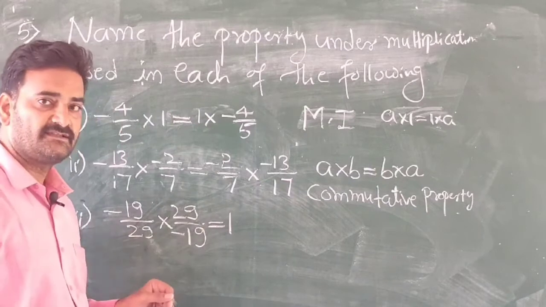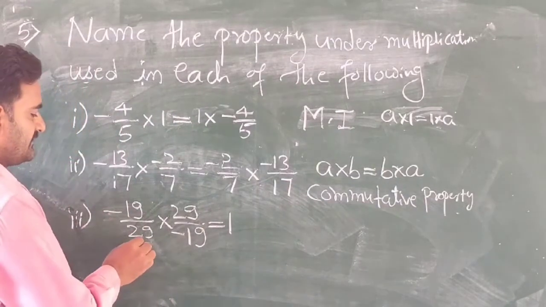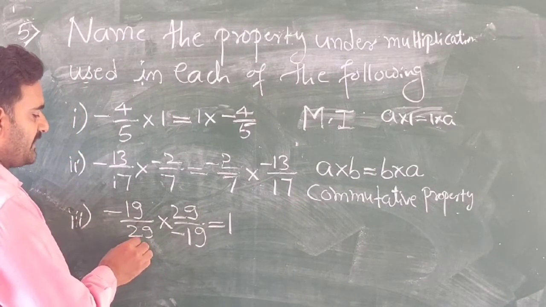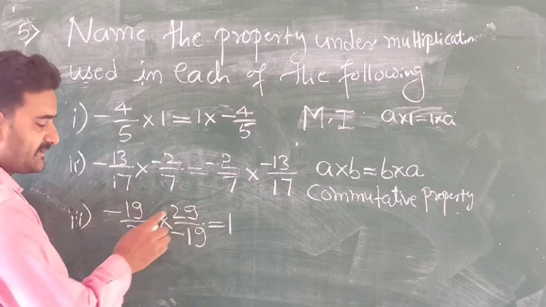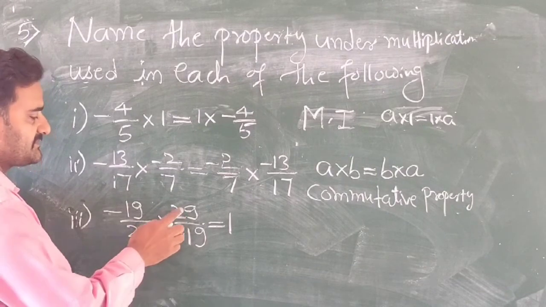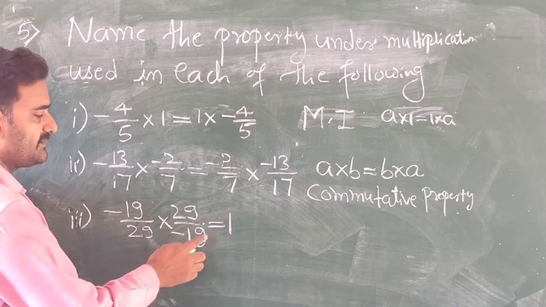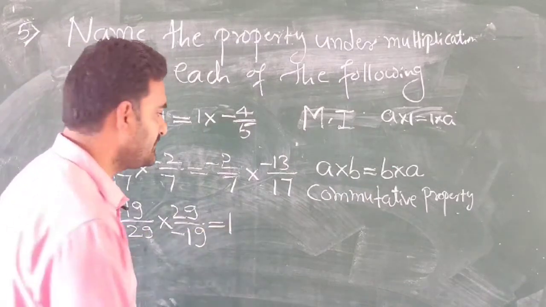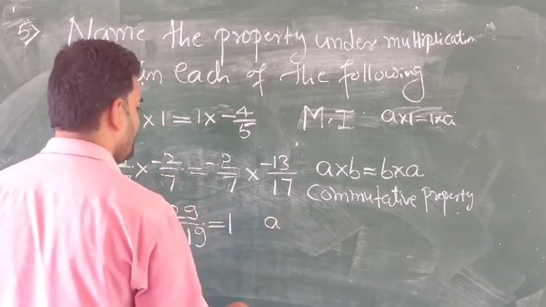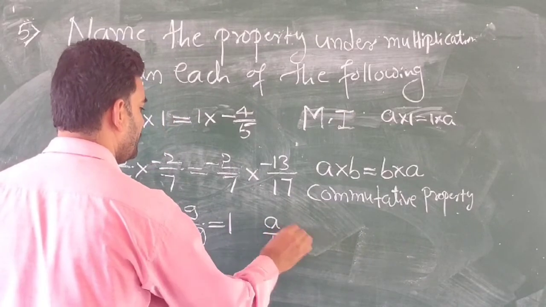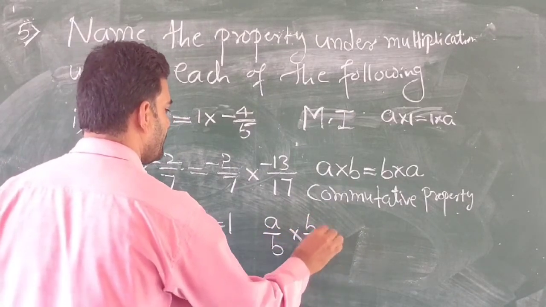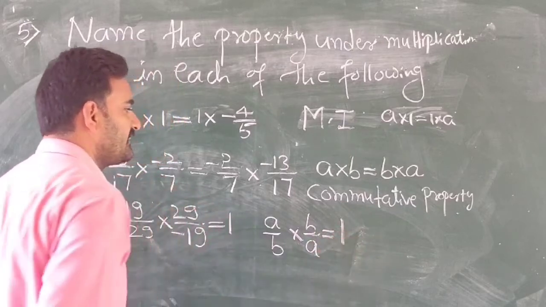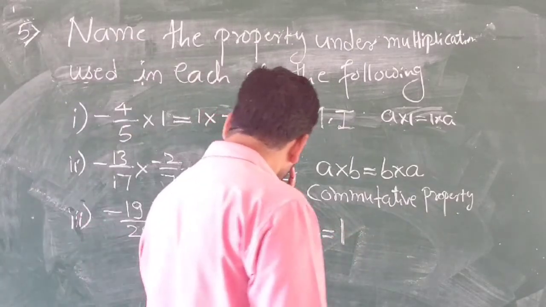Now the last one, what is that? Minus 19 by 29 into, again reverse order, denominator becomes numerator, numerator becomes denominator, that is equal to 1. This is A by B into B by A is equal to, let us say, 1. Which property is it?